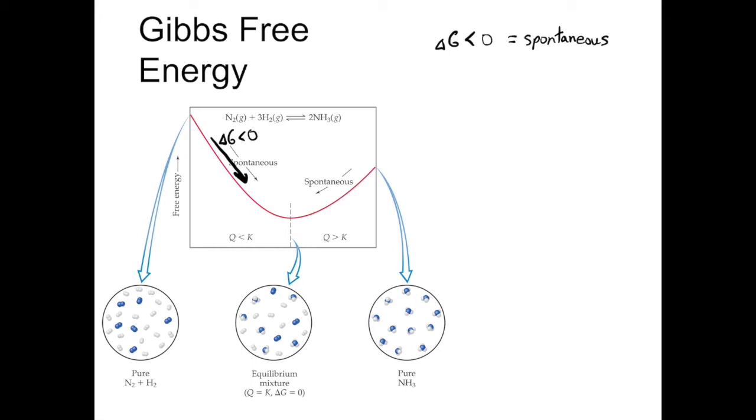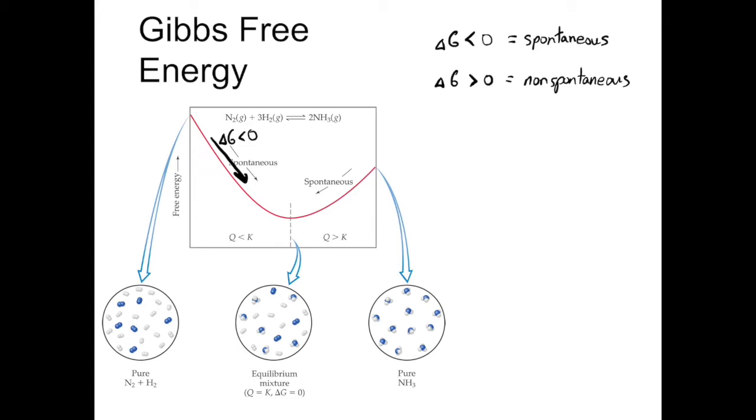So you can also relate delta G to a Q value, which means you can also relate it to a K value. So a negative delta G implies that for an equilibrium reaction, Q is less than K. And in the other delta G regimes, you have different situations. So a delta G that's positive implies non-spontaneous. So this is a bit odd.